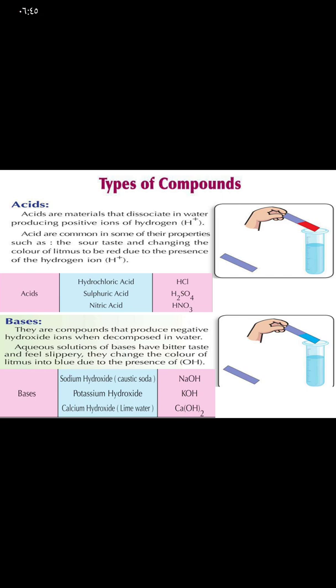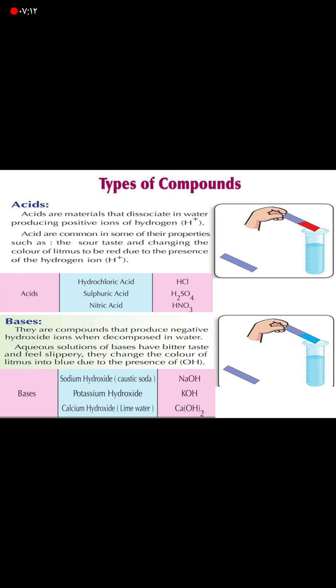Acids are materials which dissociate in water into what? Positive ion of hydrogen. The positive ion of hydrogen causes the litmus paper to change from blue into red.